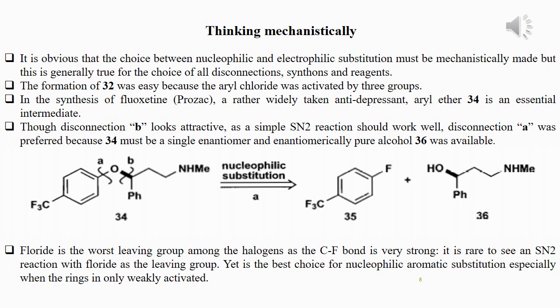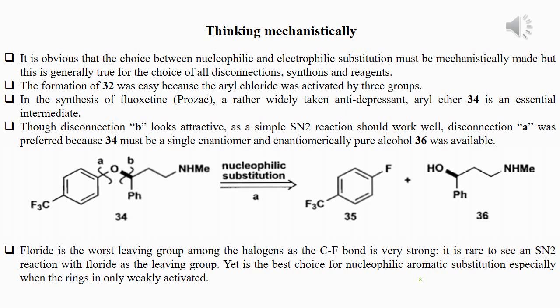Why? Because 32 must be a single enantiomer, and we can get the enantiomerically pure alcohol 36, which is available. And if we do disconnection A, we can make 34 by nucleophilic substitution.